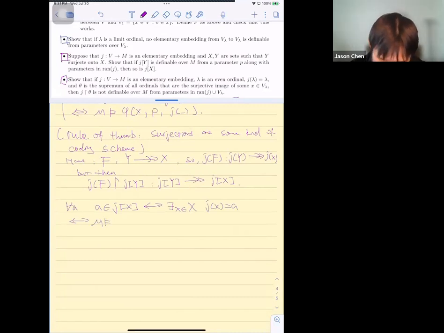M thinks that there's some set S such that phi of S, P, and then whatever parameter that's in the range of j holds. Right, and such that A is equal to j of f of S. You know what I mean.